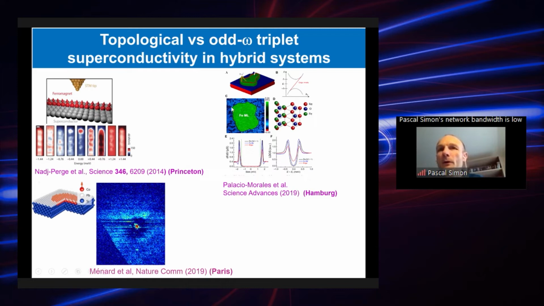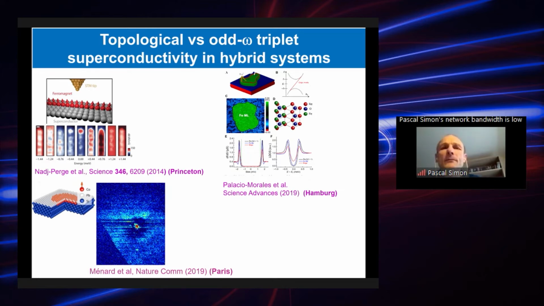Also this experiment in Hamburg, where you have iron on top of a superconducting substrate, and you evidence edge states and a strong density of states along the ferromagnetic island here. And with my collaborator in Paris, we look at similar systems where we have cobalt atoms on top of lead, and we also find evidence of exotic physics and eventually some edge states propagating around this edge.